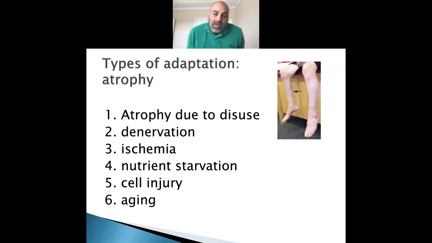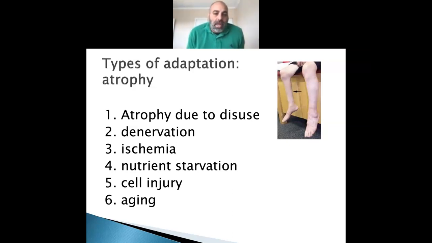So if you cut the spinal cord from above the nerve point, everything below that lacks innervation, and we get atrophy. You see people in wheelchairs, for example, or bedridden due to nerve damage.